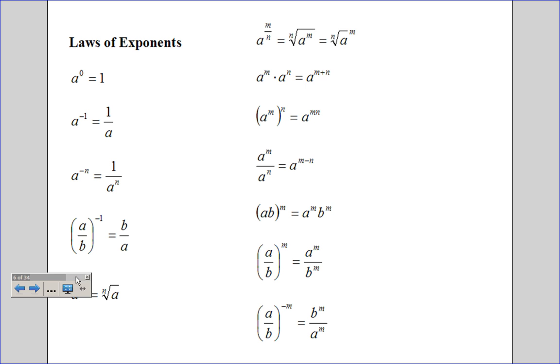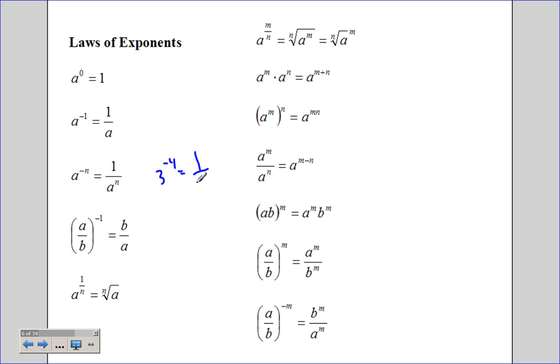Now your laws of exponents. Anything to the 0 power is 1. A to the negative 1 just means 1 over a. And likewise, a to the negative n means 1 over a to the n. So, example, 3 to the negative 4th is 1 over 3 to the 4th, which is 1 over 81.